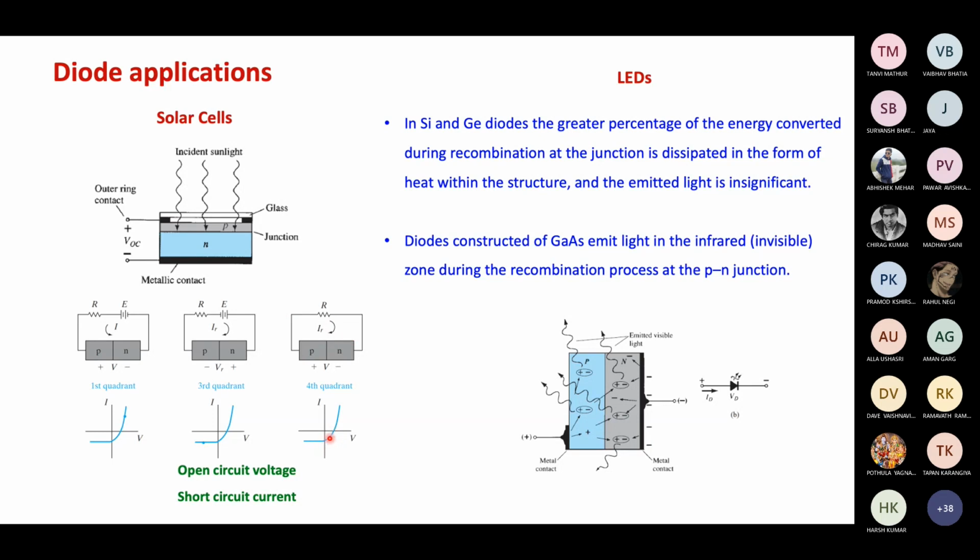On the IV characteristics curve, in the fourth quadrant, these two extreme points correspond to the open circuit voltage and the short circuit current. These are important parameters in the design of solar cells, although we will not discuss them in more detail here. But just keep in mind, we generally prefer more open circuit voltage and more short circuit current.